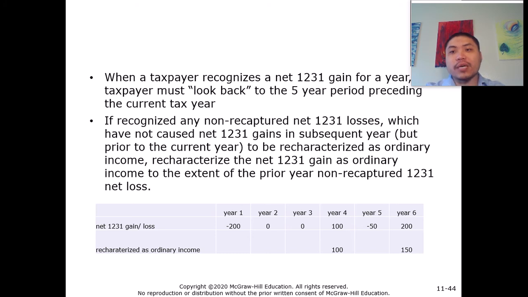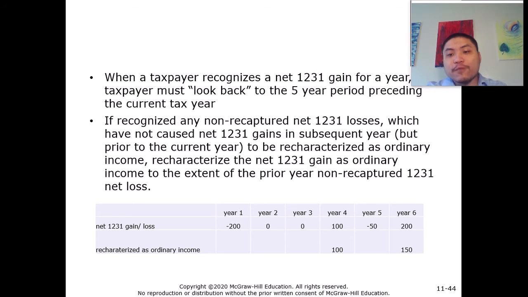So now what we have left is $150 of net loss in the period of 5 years prior to the current year. All right, because we have $150 of net loss, we have to recharacterize $150 of the net gain in this year to be ordinary income, right?